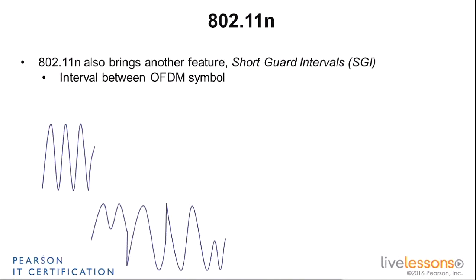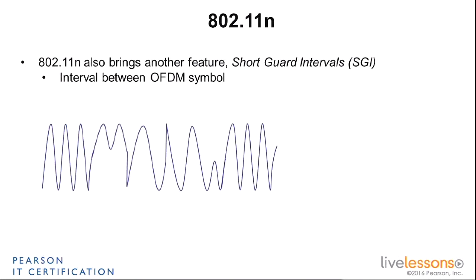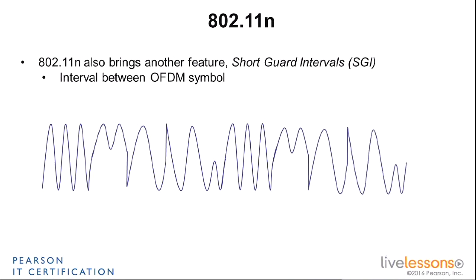So you have that 800 nanoseconds silence or non-useful section of the frame between each symbol. So the idea here is to say, instead of having that silence every time, why don't we reduce that duration of 800 nanoseconds to something smaller? And if you use a faster speed, which you can do with 11n, maybe these echoes are not going to be damaging that much. And anyway, what we measure indoor is that it never takes 800 nanoseconds for the echoes to come back. It takes, in most environments, 10 nanoseconds.